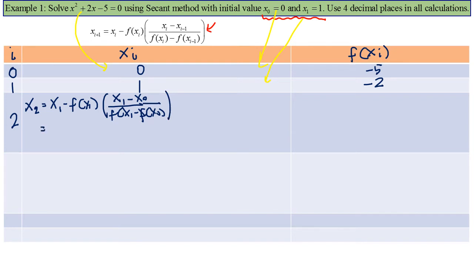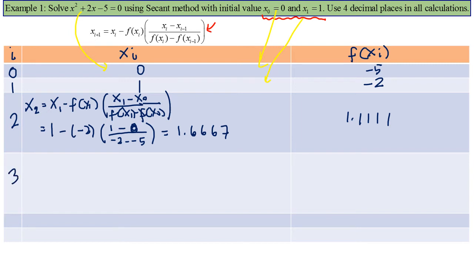So it means x2 is equal to 1 minus negative 2, times 1 minus 0, divided by negative 2 minus negative 5, which is equivalent to 1.6667. Then substitute 1.6667 into f(x), you will get 1.1111. Continue to iteration number 3.